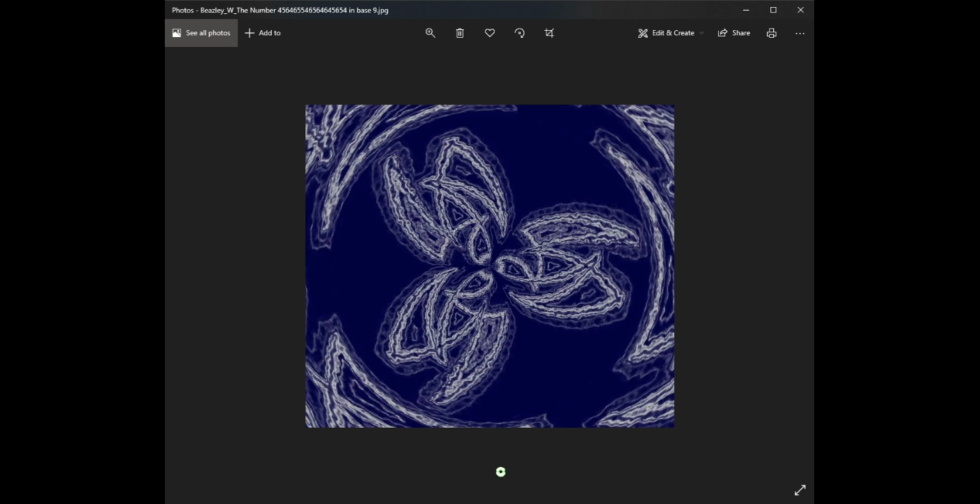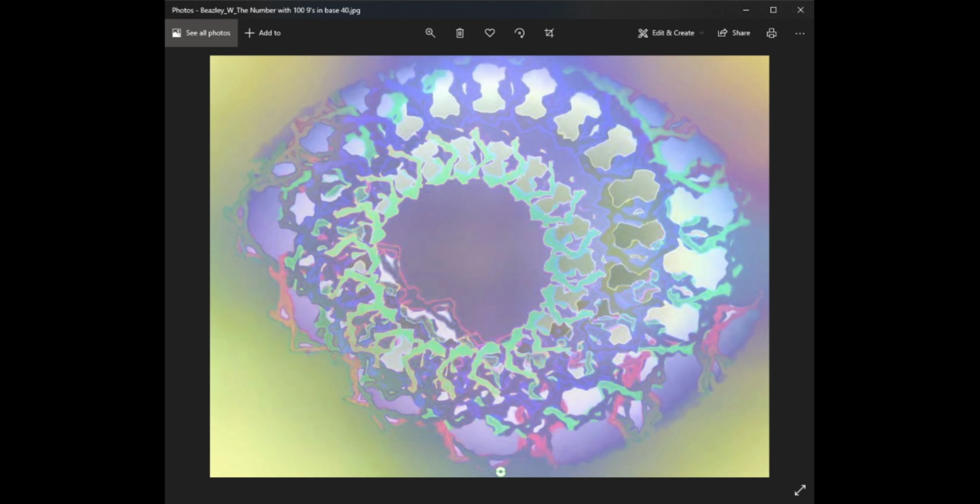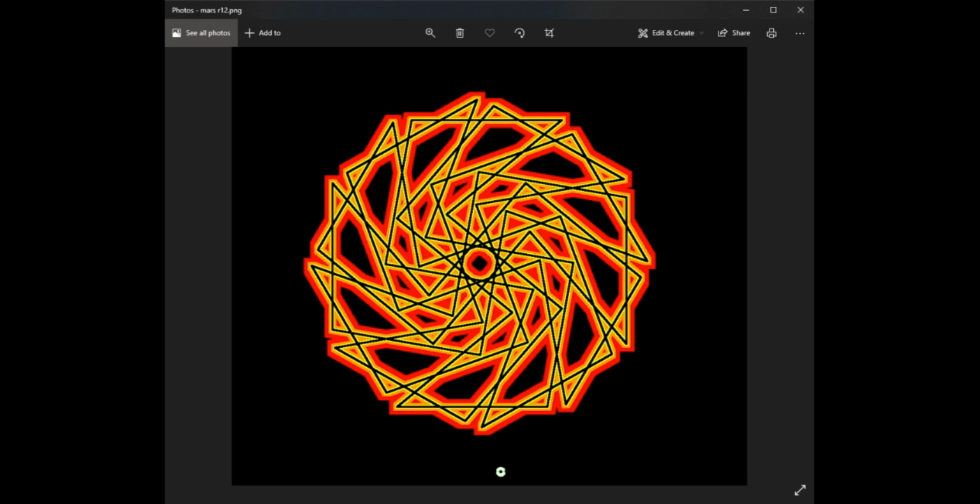This one is base 9 and a sequence with 4, 5, 6 in various permutations, likely all of the permutations in order. And here we have another art thing based around this whole thing, base 40, or modulus 40. And then this is the word Mars.